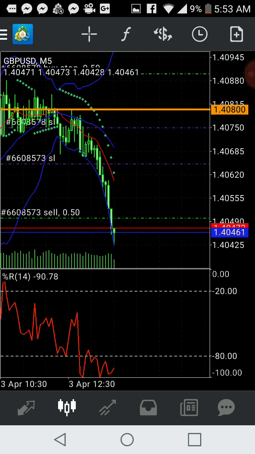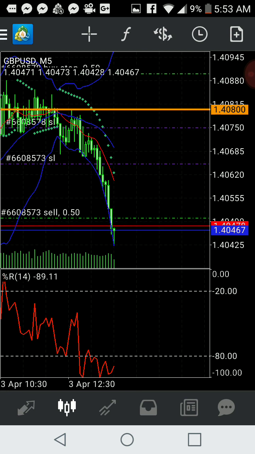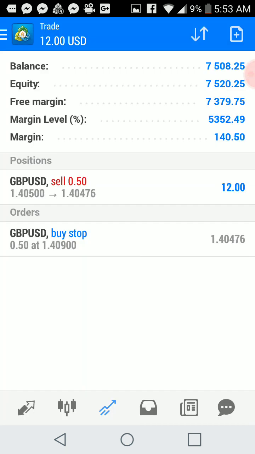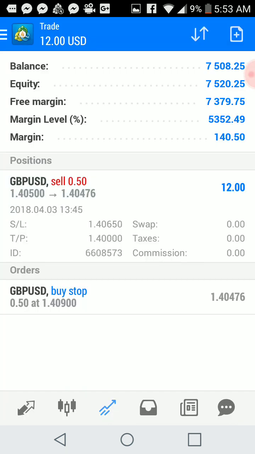We are entered at right at 140.50. Current price is 140.48. So we only have 2 pips that we got.